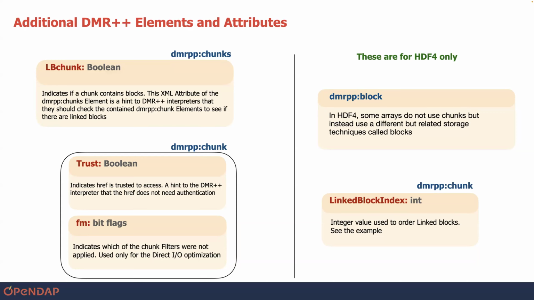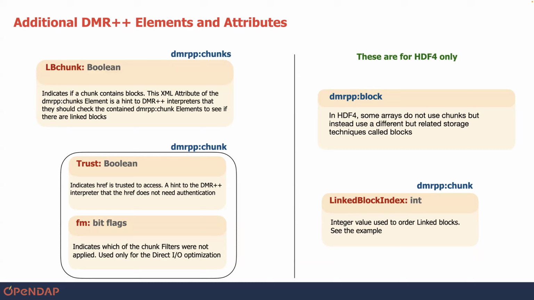There's another attribute called FM. It's a bit of a mysterious name, but it stands for filter mask. What we're recording there is whether or not the metadata in the HDF5 file indicates that one or more of the filters for a particular chunk did not succeed. This is a piece of metadata we will want to use in some optimizations that we have coded.